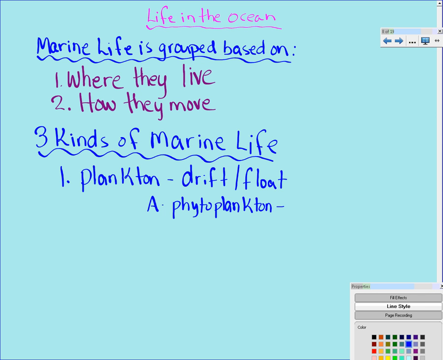Photosynthesis, which is the making of food. And what can make their own food? Plants. So phytoplankton is plant-like. Then we have zooplankton. And zooplankton is animal-like, because the word zoo means animal.